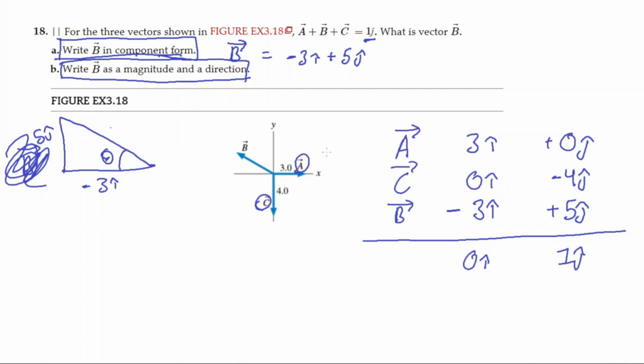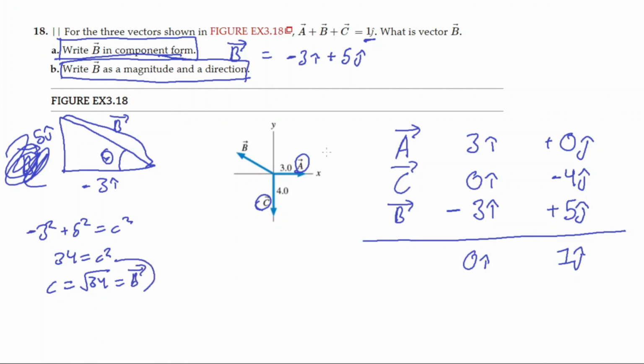First, we're going to figure out the b vector magnitude, which is going to be the length of the hypotenuse. So it's going to be negative 3 squared plus 5 squared is equal to c squared, in which we have 9 plus 25, which is going to be 34, is equal to c squared. So c is equal to square root of 34, which is also equal to the magnitude of vector b.